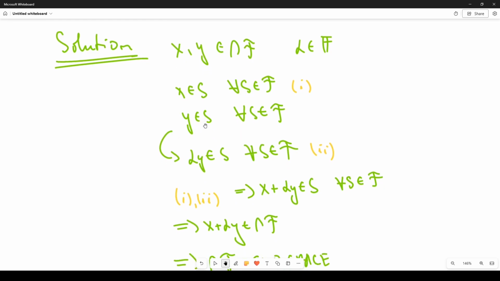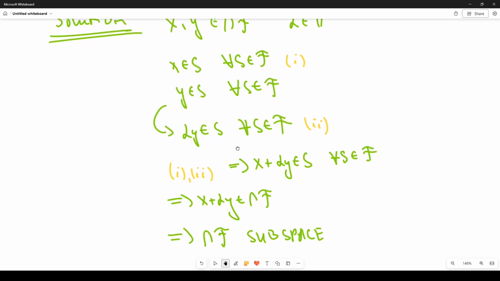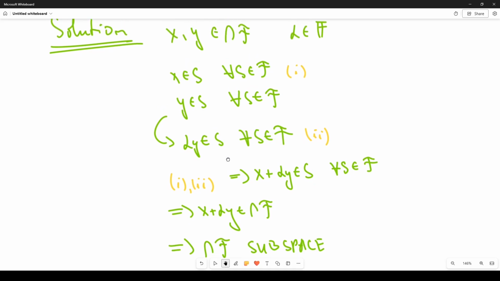And now, since y belongs to S for all S in F, and every S is a subspace, that means that S is closed under scalar multiplication, so we have that alpha times y also belongs to S for any S in F. And now we combine these two, so 1 and 2.